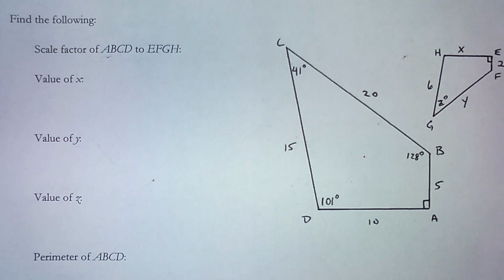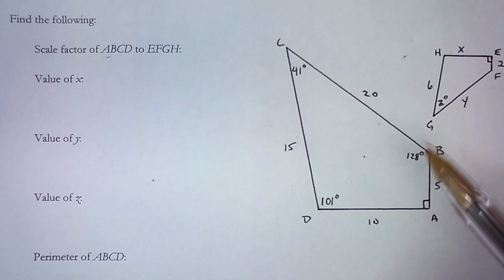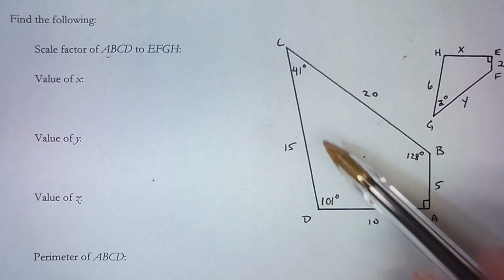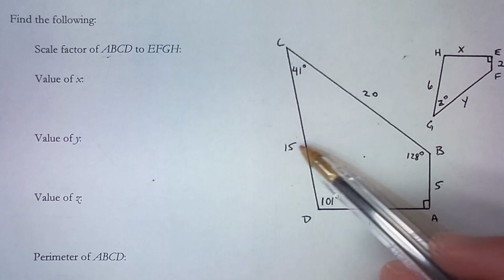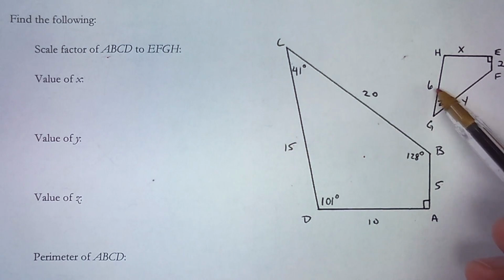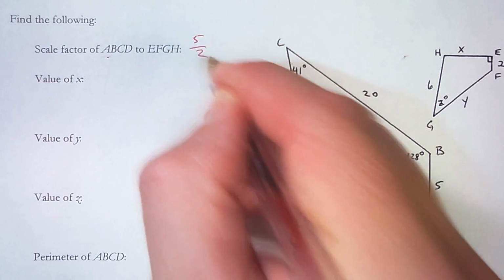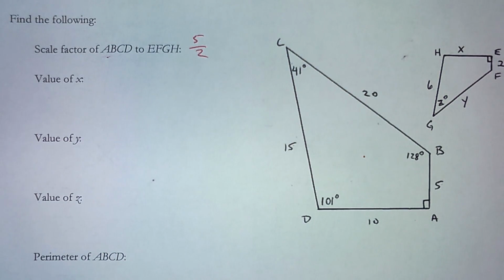So I need numbers that correspond with each other, and it looks like I can use 15 over 6 or 5 over 2. It really doesn't matter because with 15 over 6, 3 goes into both of those, 5 times and 2 times. So the scale factor is going to be 5 over 2.